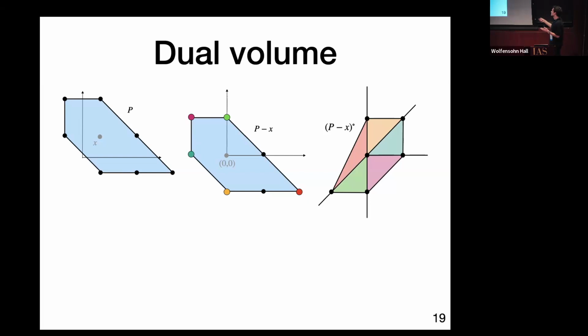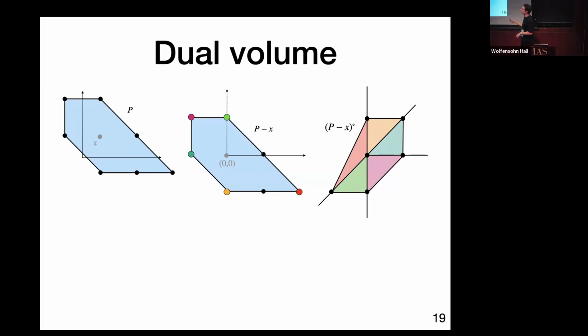If you've never seen this before, let me explain it this way. The polar dual of this polytope is going to be a polytope whose vertices lie on the rays of the normal fan of this thing. The position at which you put the vertex depends on how close the origin is to the corresponding edge. If I shift the polytope so that the origin gets very close to this edge, then the vertex here would drift off to infinity.